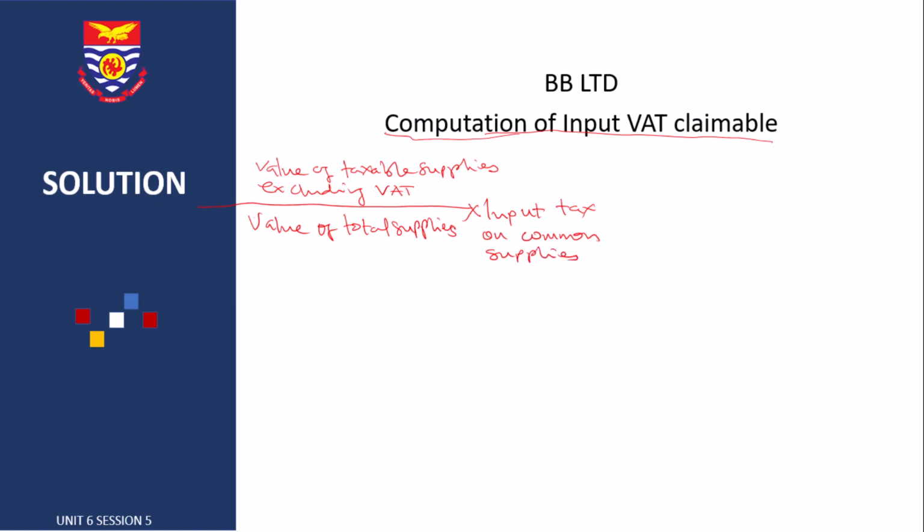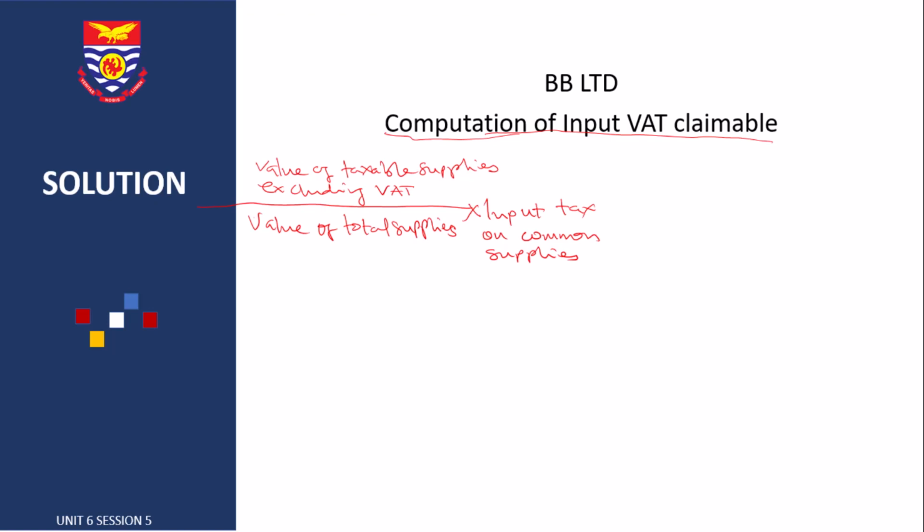We are going to use this formula to find the portion of input tax claimable on the common supply. Before that, let us look at the value of taxable supplies excluding VAT.